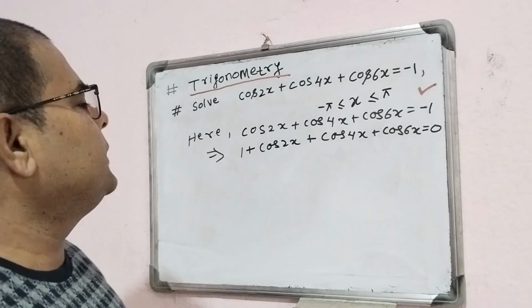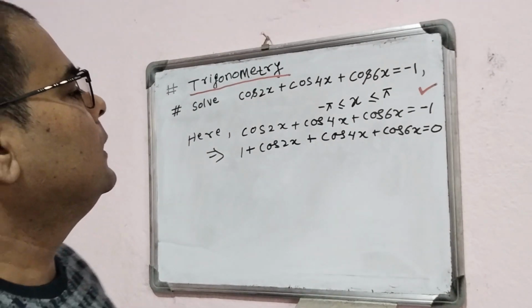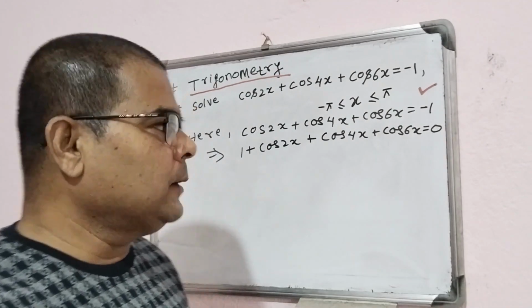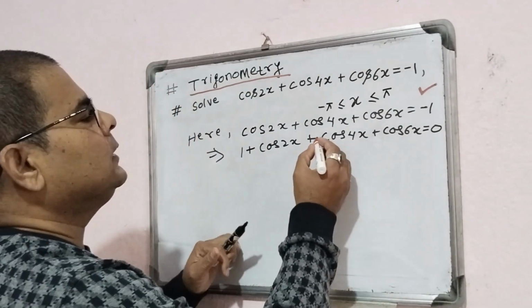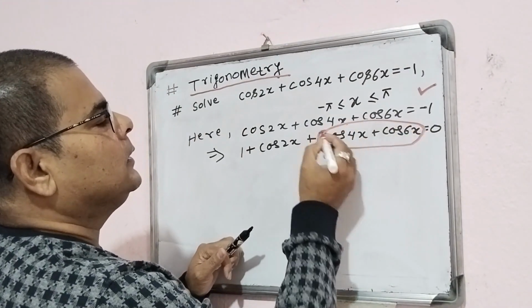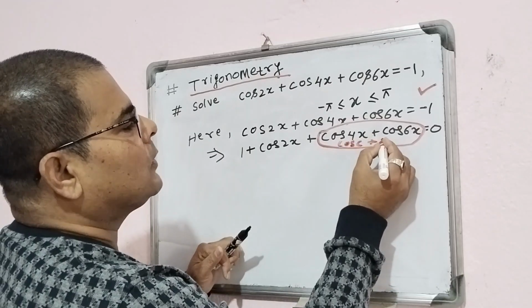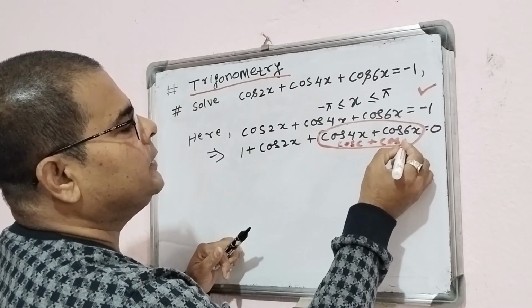Now in order to solve this sort of equation, you should be confident in applying trigonometrical formulas. If you think over these two terms, you can see it's like cos c plus cos d.